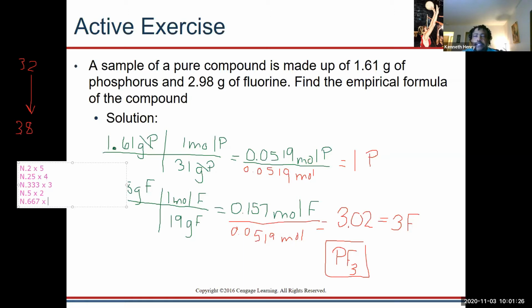What can I multiply 0.667 by? What is 0.667 in fraction form?